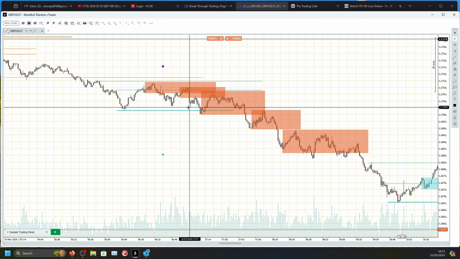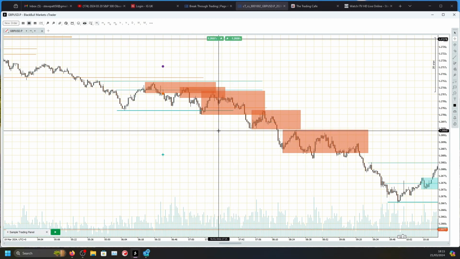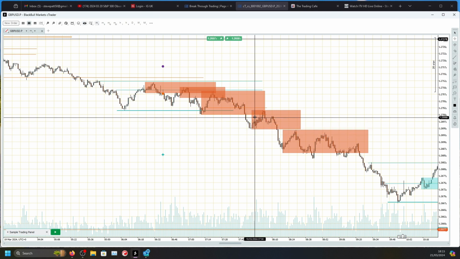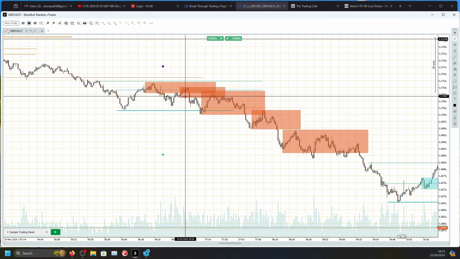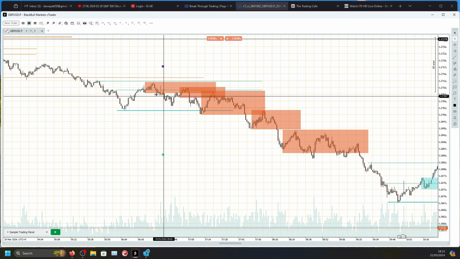And this I just let run, because when did I? No, did I move this to break even? I think I moved this to break even plus. I normally give myself about 1.5 pips.